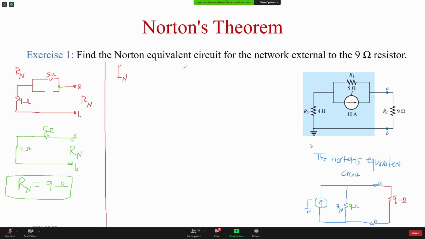I'm going to try to find I Norton, which is the short circuit current. Remember that, it is important. So I'm going to find the terminals A and B and draw the circuit.